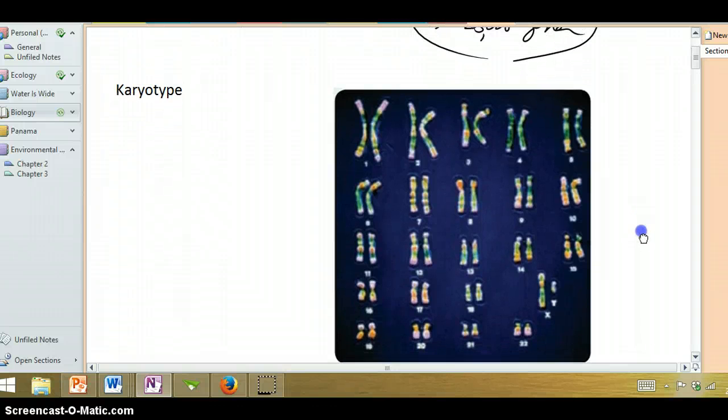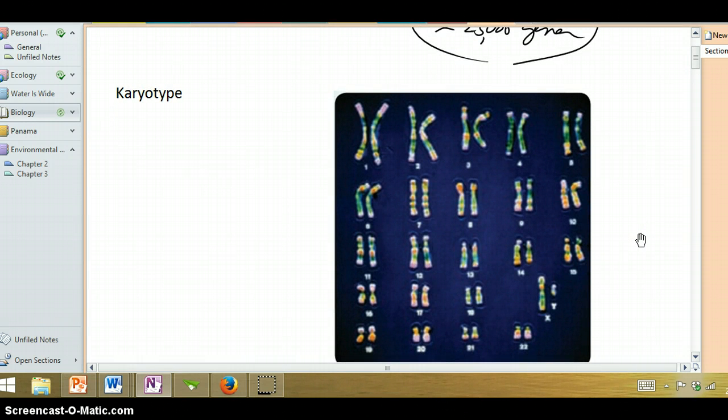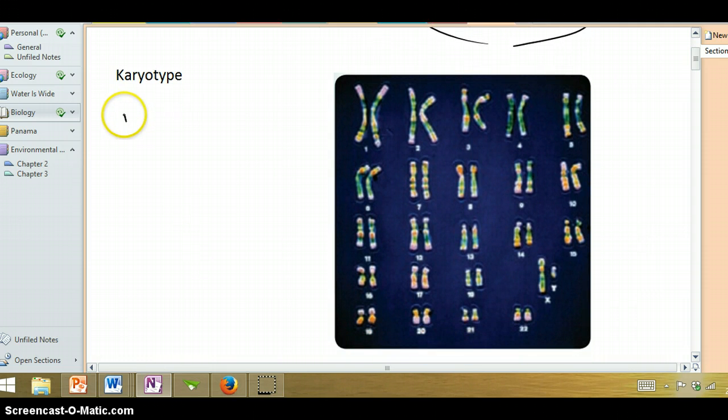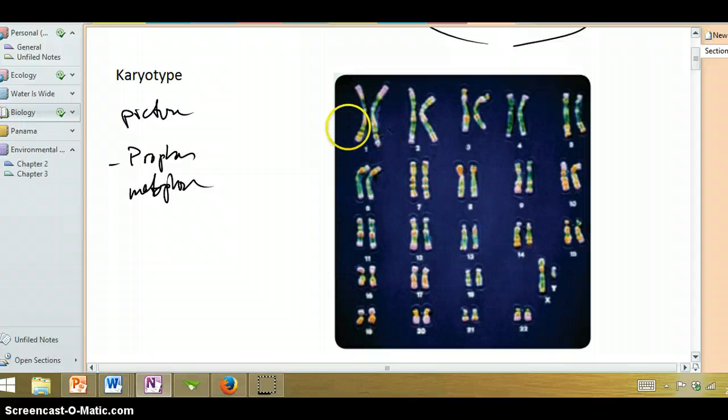Now you can look at all the chromosomes in what's called a karyotype, which is essentially a picture of all the chromosomes. This picture is typically taken during either prophase or metaphase of mitosis, and the picture of each chromosome is cut out, if you will, and they're arranged in their homologous pairs from basically largest to smallest.